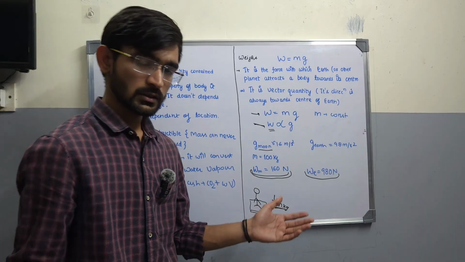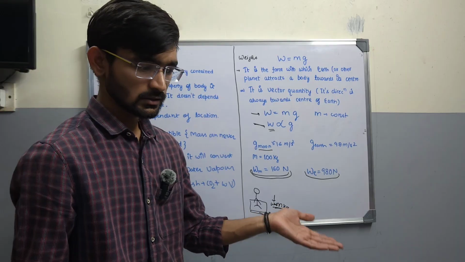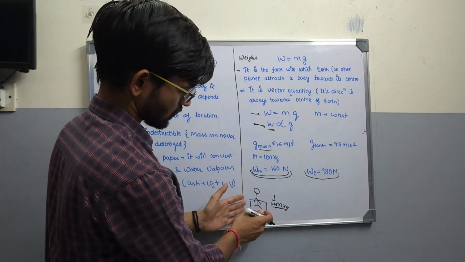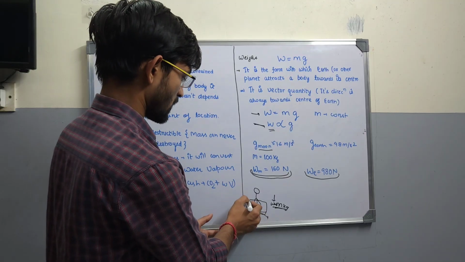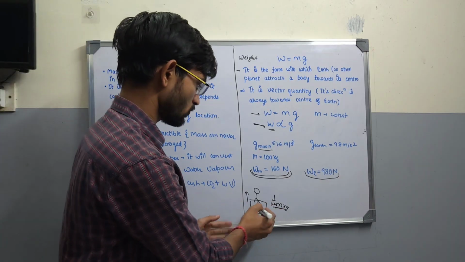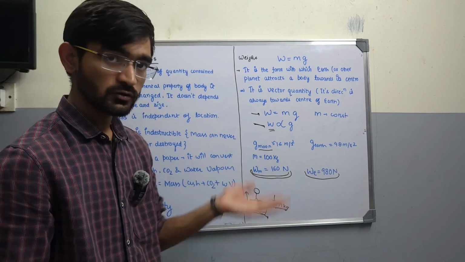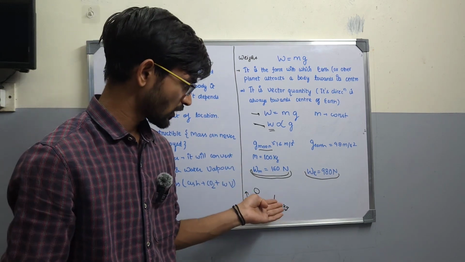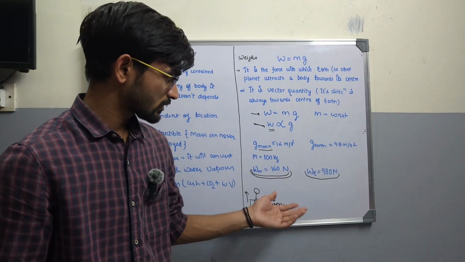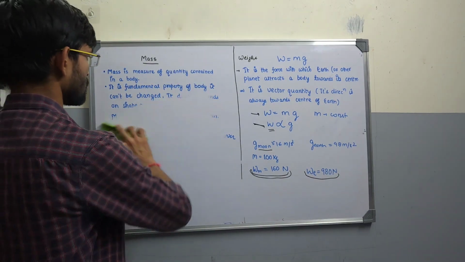And as I told you, from Newton's third law, everything gives an equal and opposite reaction. So the surface of this weighing machine will apply an opposite force on the human in the upward direction. So this machine just shows how much force it is applying on the human in response to the weight of the human. And weight means the force applied by the center of Earth, or Earth, on this human. So gravity on Earth.